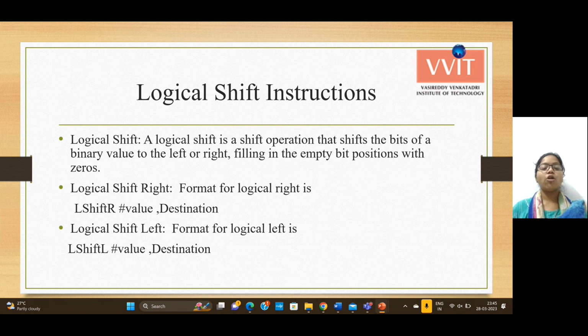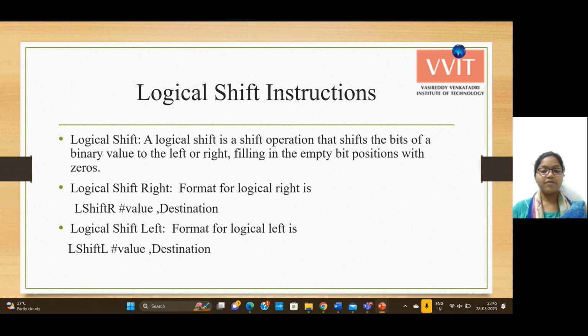The format for logical shift right is LSR hash value comma destination. Here the hash value defines how many times the logical shift right should be performed on the destination. In logical shift right, all the bits of the binary value are shifted towards right, and the empty bit position on the left is filled with 0.